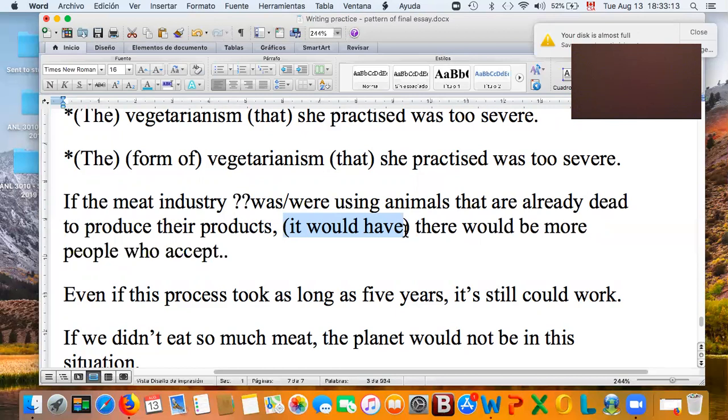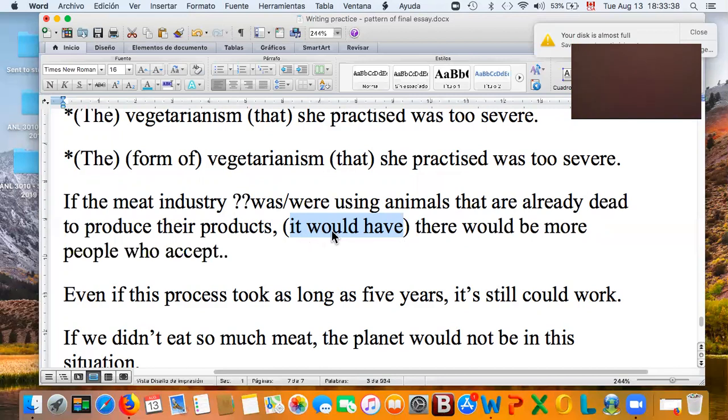And in Jamaica, they say this, it would have, instead of there would be. It would have is some kind of transposition from French of il y aurait, and it has survived in Jamaican English. I've had students here who've occasionally done this.